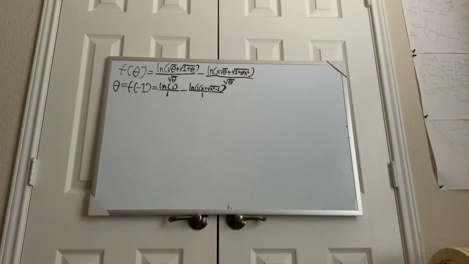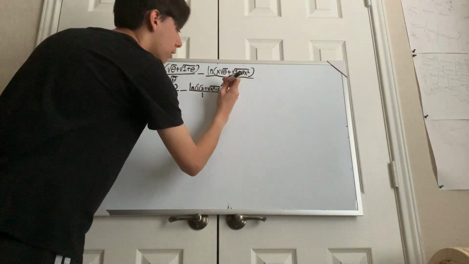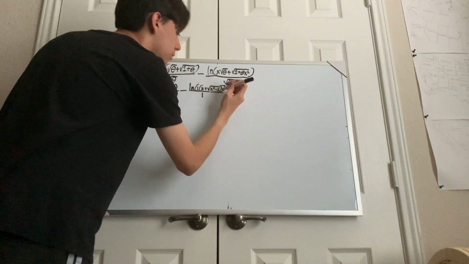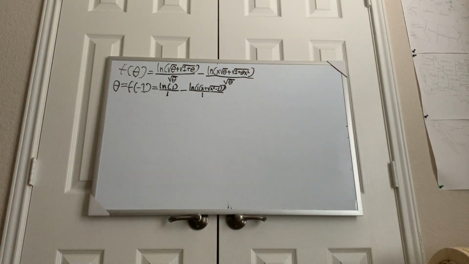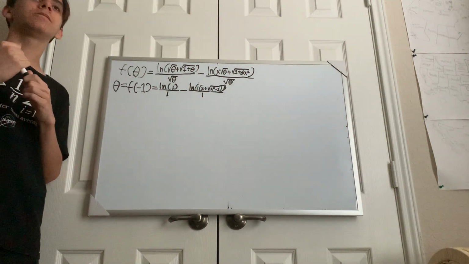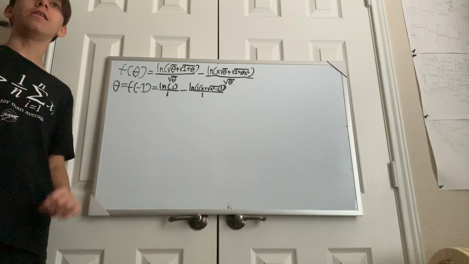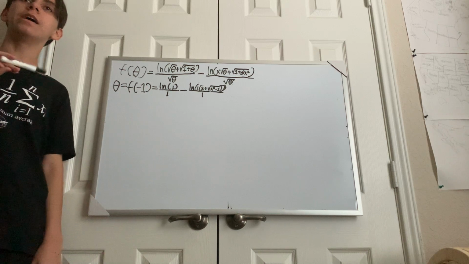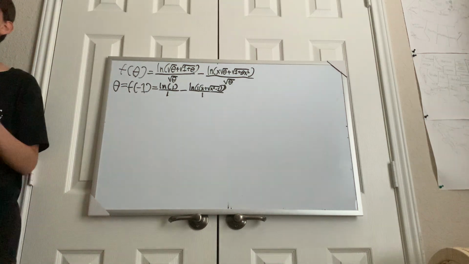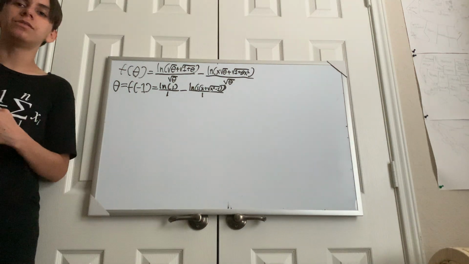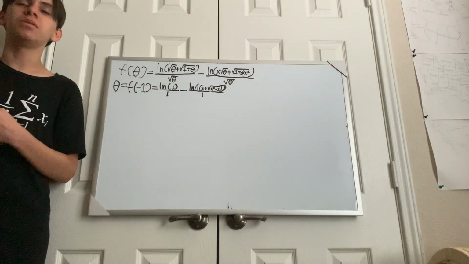And remember, oh hold on, there needs to be parentheses in here. Remember, if you have a natural log of two numbers multiplied together, let's say natural log of a times b, that's the same as saying ln a plus ln b.